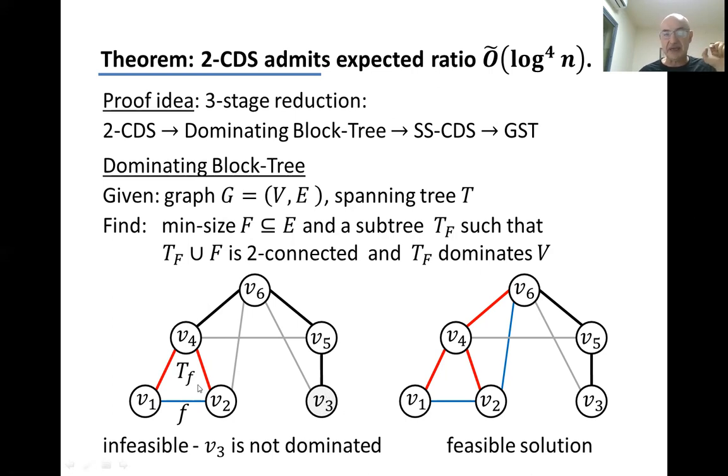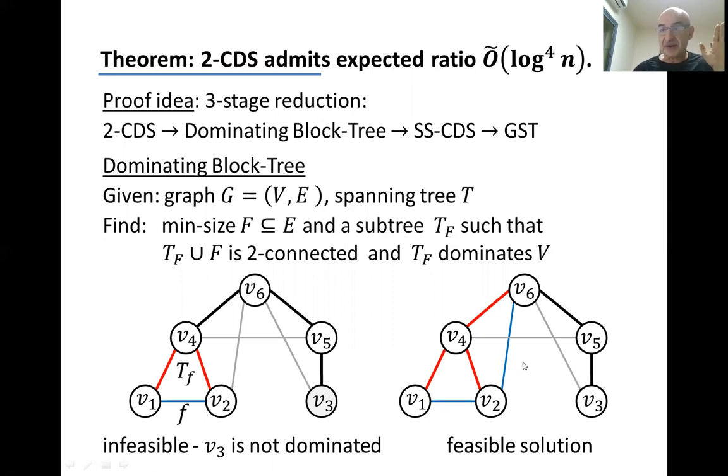V3 is not dominated by this small subtree. So this is not a feasible solution. This is a solution of value 1 because the value is the size of the augmenting edge set, not of the entire subtree. On the other hand, we do have here a feasible solution of value 2. If we take the red tree and the two blue edges, then we get a two-connected graph, and the nodes of this two-connected graph dominate all the other vertices in the graph.